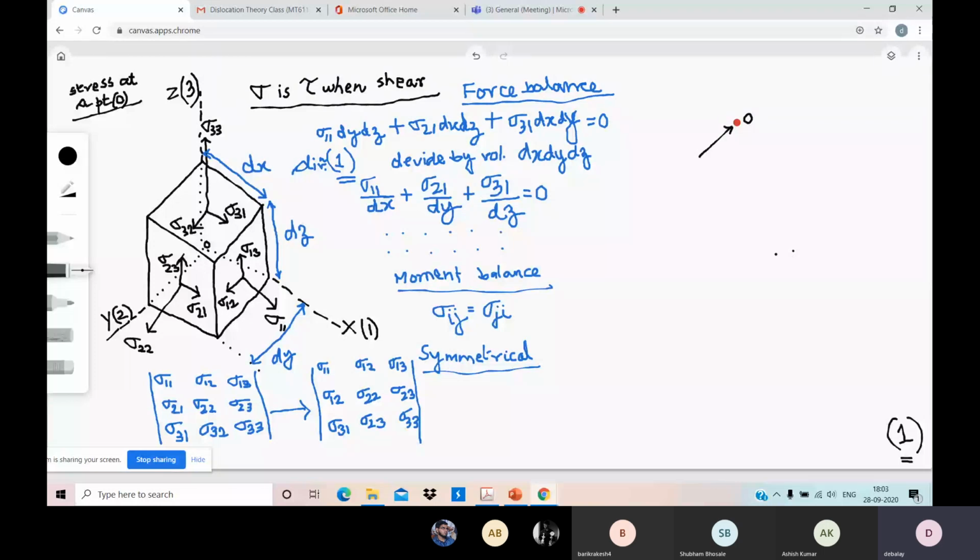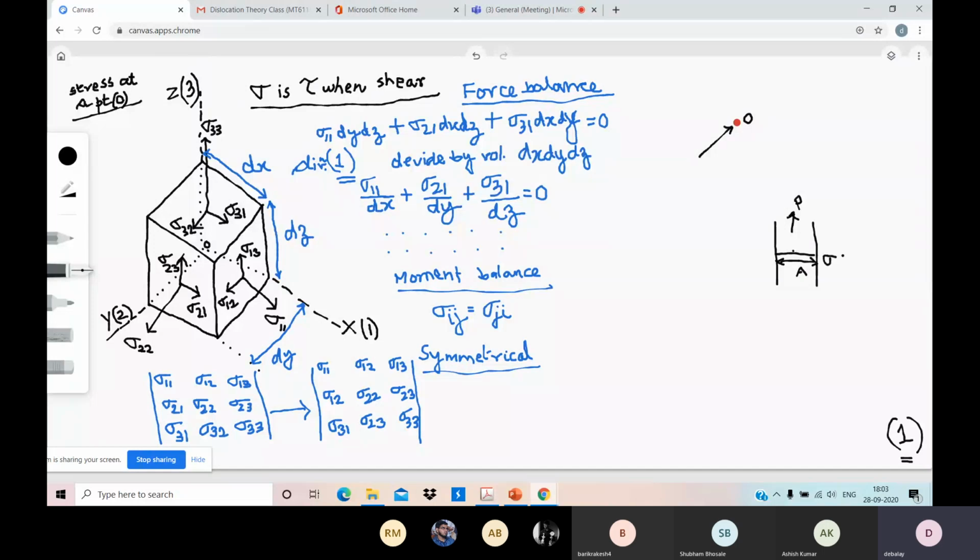So what we do to calculate stress is we consider the load. We consider the load that is acting, total load P, and we consider the area on which the load is acting, say A, and we represent the stress as the average stress on the plane.